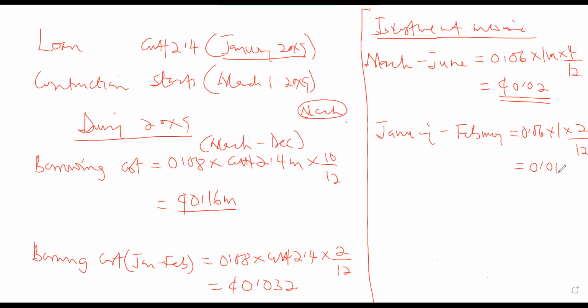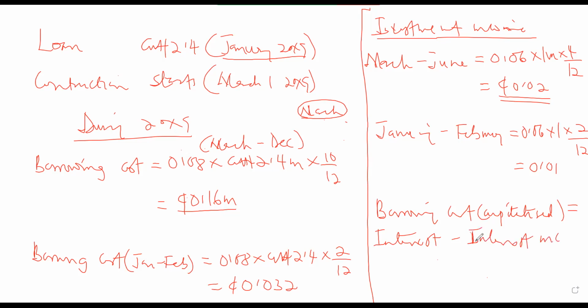The borrowing cost to be capitalized will be equal to the borrowing cost or the interest minus the interest income. So from March to December, we are going to be paying interest of 0.16. But from the same period, we are receiving an income of 0.02. So our borrowing cost to be capitalized will be the difference between the two.